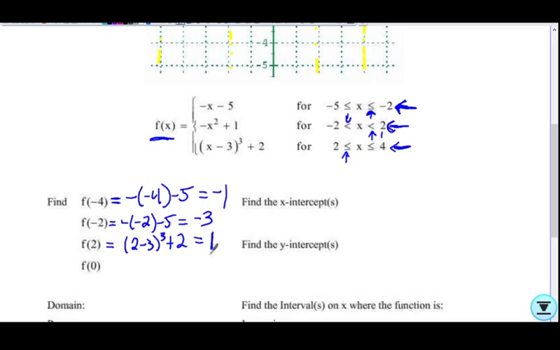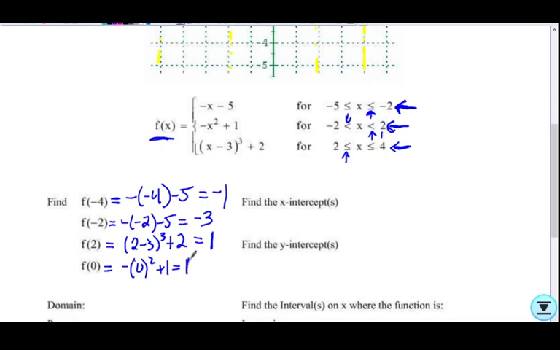And then the last one is 0. So which one do we plug 0 into? Linear, quadratic, or cubic? Quadratic, because 0 is in between -2 and +2. So we get -0 squared plus 1, which is 1.